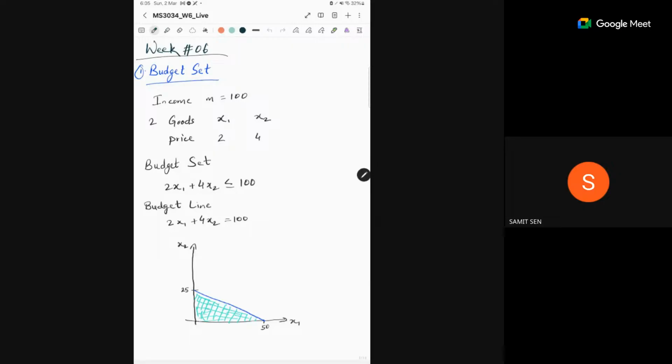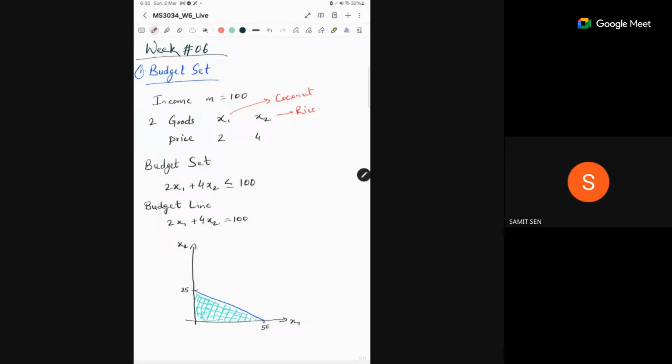For example, let's suppose Samit is an individual and his income is 100 units, and he wants to invest in two types of goods, X1 and X2. Let's suppose X1 is coconut and X2 is rice, and he wants to decide how much of income he would like to give to coconut and how much to rice.